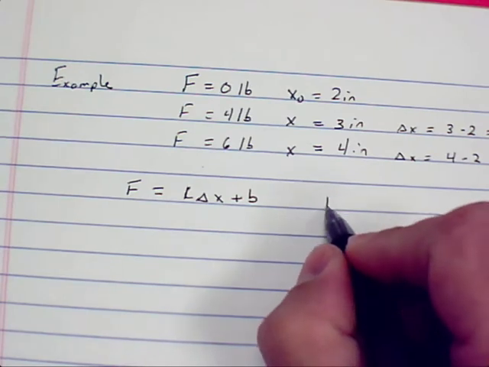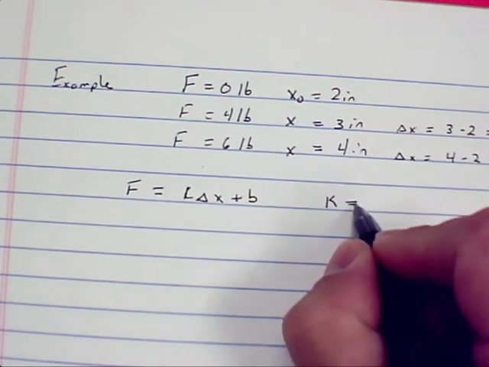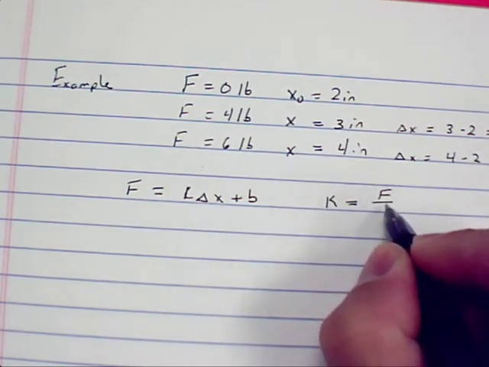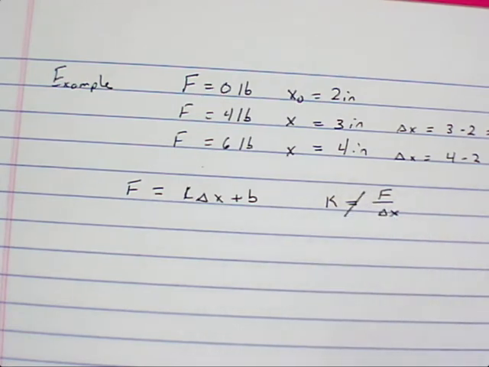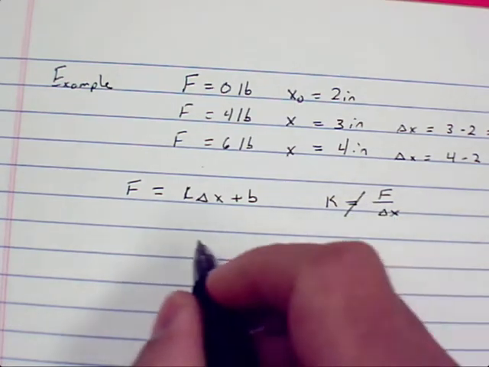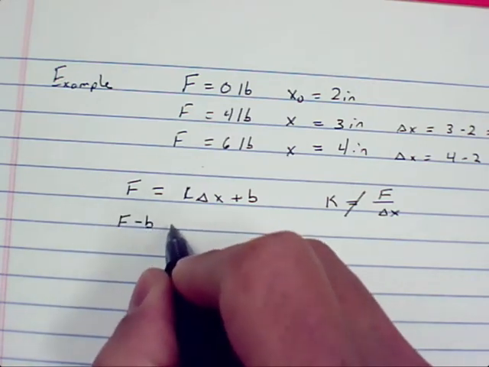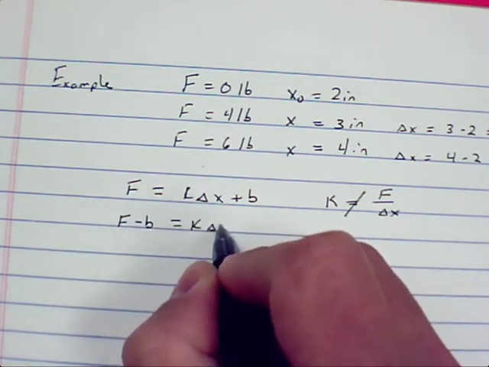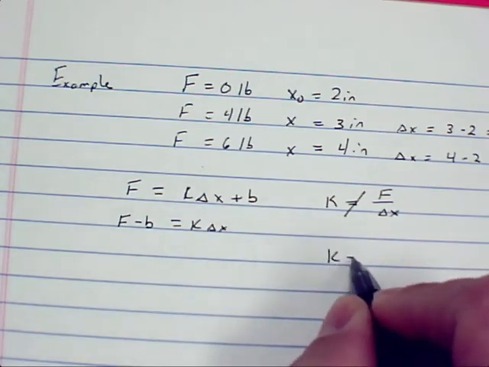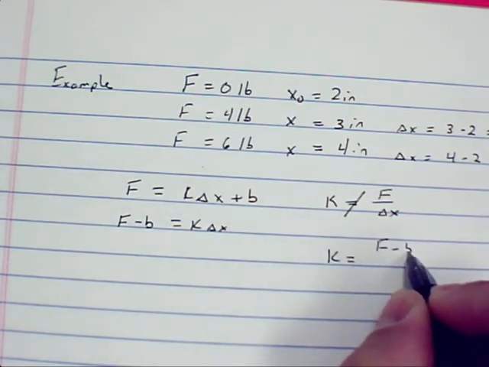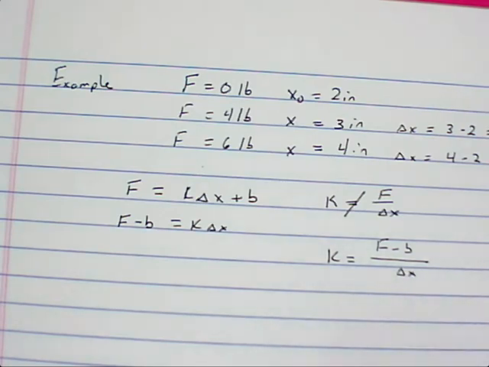Many people want to say that the stiffness K is F divided by delta x. This does not work. With this equation, you'd have to say F minus the offset equals K delta x, or K equals F minus B divided by delta x.